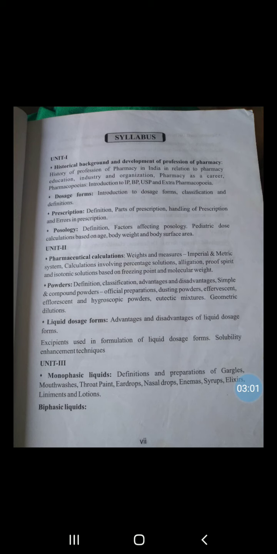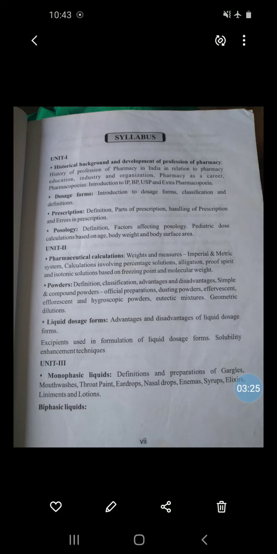If you have to prepare elixir, then the aim of the experiment is to prepare, evaluate and submit piperazine citrate elixir. If you have to prepare solution, then the aim of this practical is to prepare, evaluate and submit solution. Likewise, the aim of the experiment is the same, only the difference is the formulation.